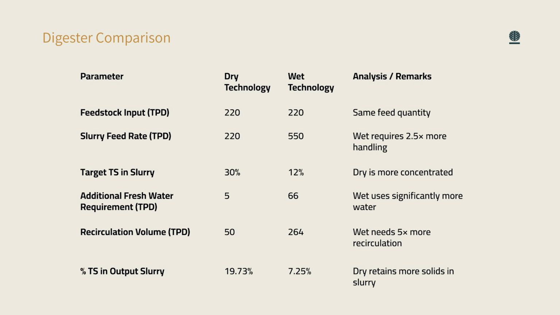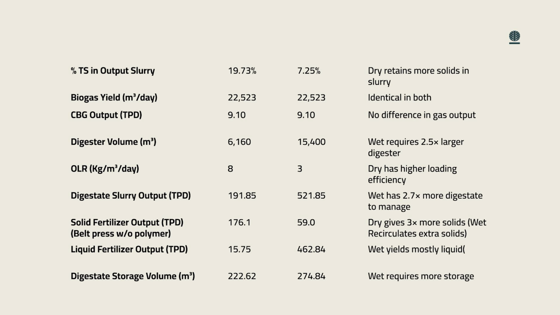So that's one thing which is very highly required. You will see the digester volume is just 6,000 in the dry digester, whereas 15,000 in the wet digester. That is because you're adding more and more water just to dilute the digestate.